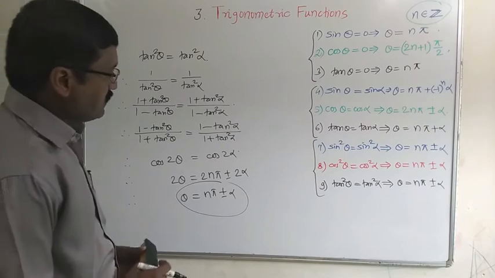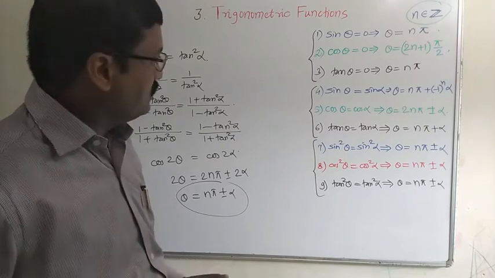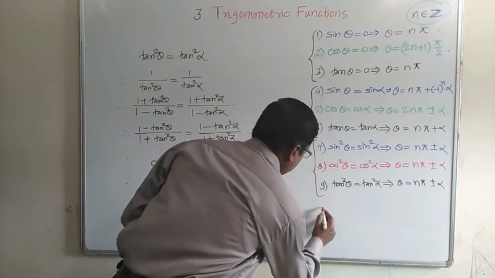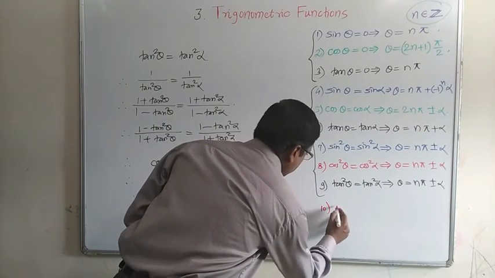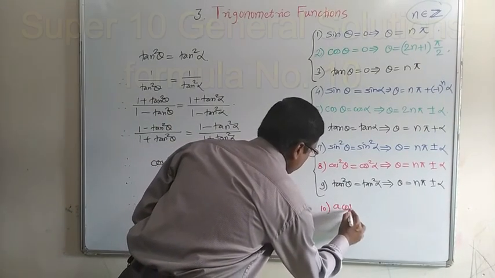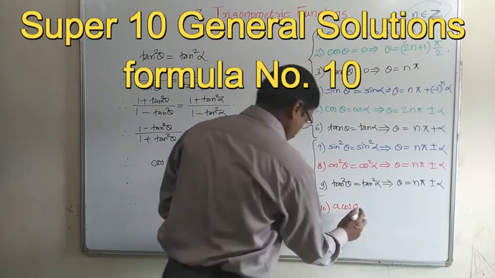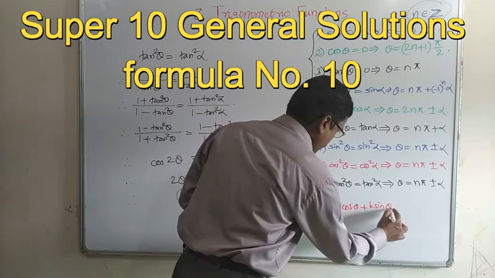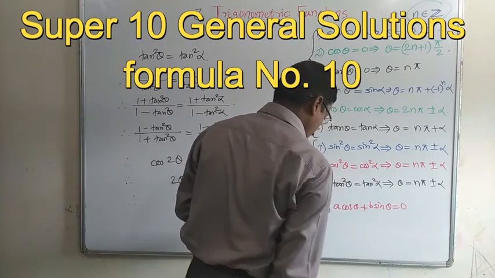Now let us see the last, which is different from all these results. Okay, that will be result number 10. It is about a cos theta plus b sin theta equal to c.